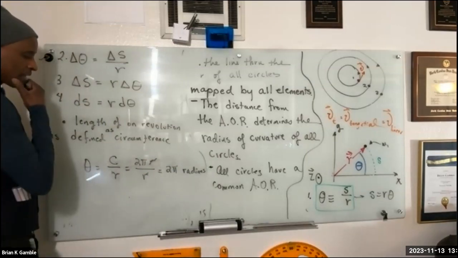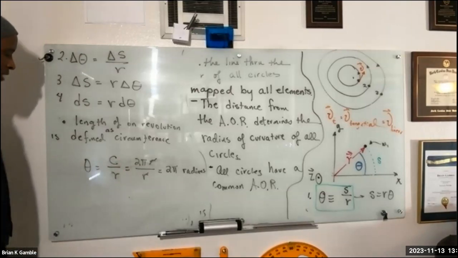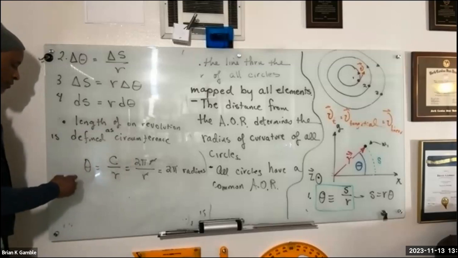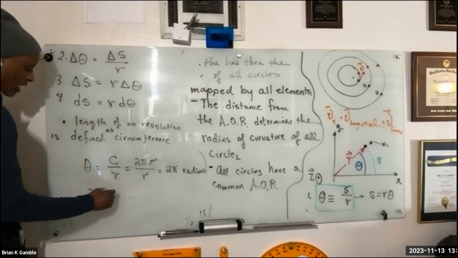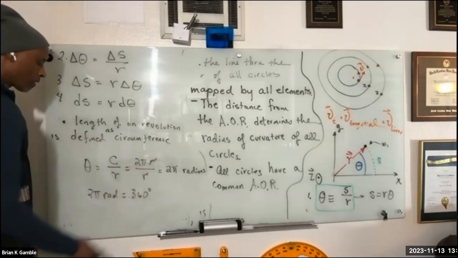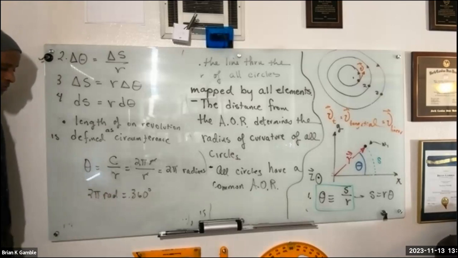So that's where we start with the angular displacement. That's 2 pi radians. So basically the conversion relationship is that 2 pi radians equals 360 degrees, and we can figure out everything else from there.